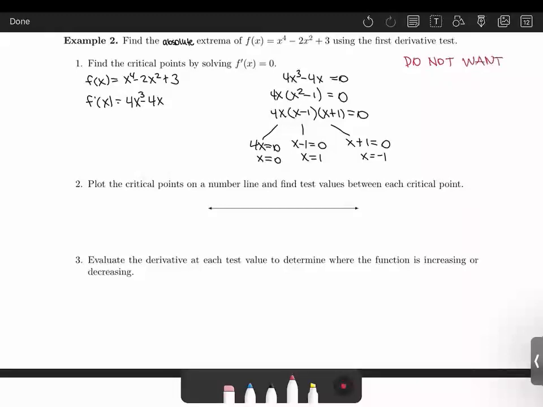Some people, whenever they see this expression, 4x cubed minus 4x equals 0, their inclination may be to add 4x to both sides. And then we see, okay, I can now divide by 4x on both sides because that's in common to both. And then that just leaves us with x squared equal to 1. Taking the square root of both sides gives us x equals plus and minus 1.